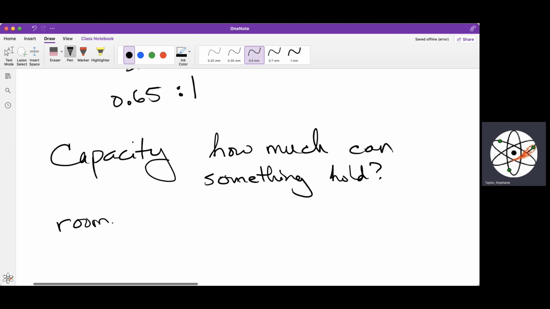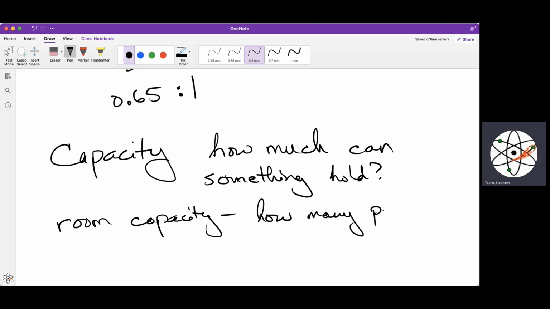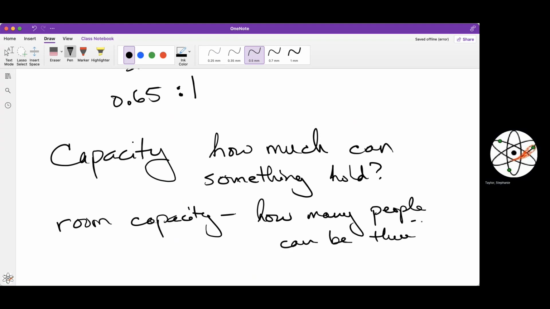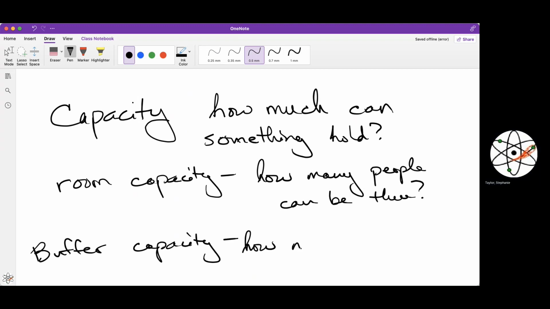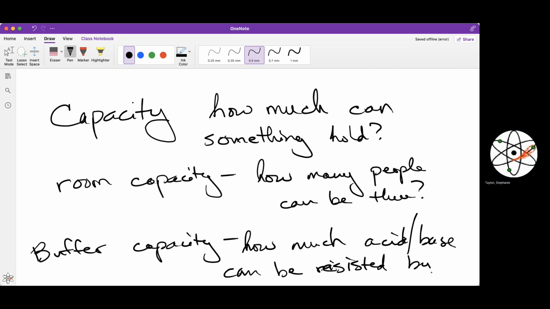We will sometimes talk about a room capacity, and the room capacity means how many people can be in that room? So buffer capacity is going to be related to this idea. Buffer capacity is essentially how much acid or base can be resisted by the buffer.